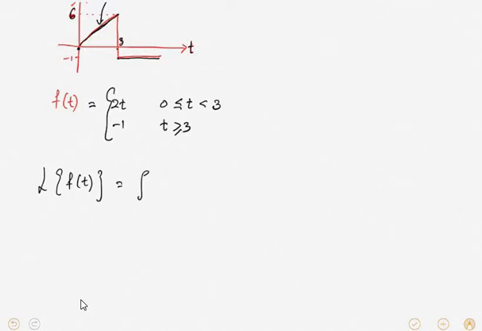Then by using definitions, we know that the Laplace transform of f(t), we use the formula. As we learned before, the formula of the Laplace transform is the integral from 0 to infinity of e^(-st) f(t) dt.